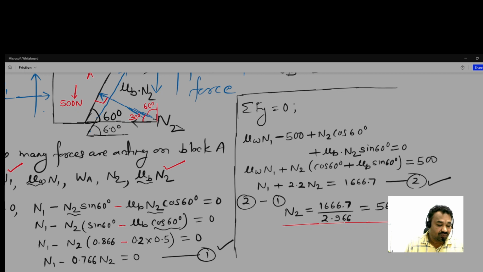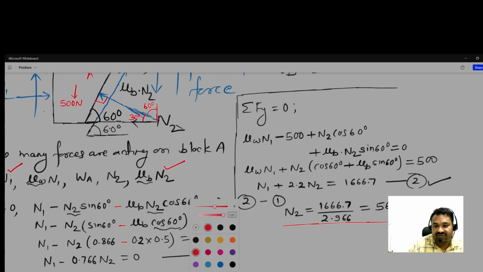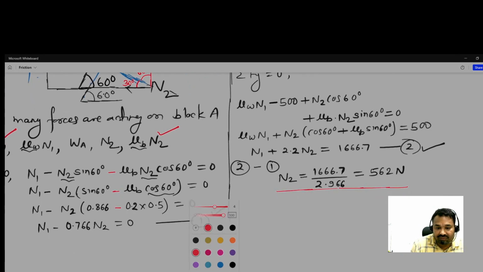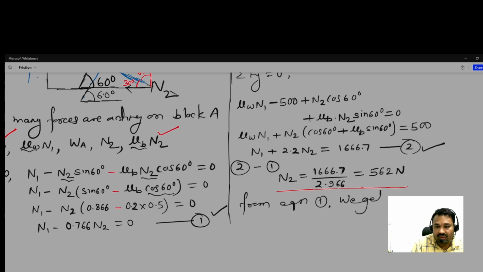N2 we got here, so from equation 1 we get N1 is equal to 0.766 N2, and N2 is 562 Newtons here.